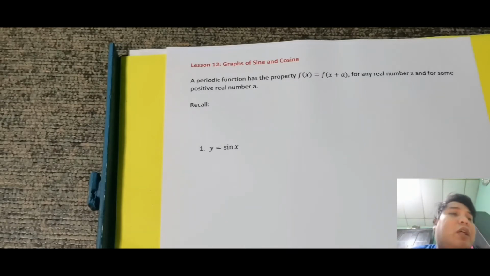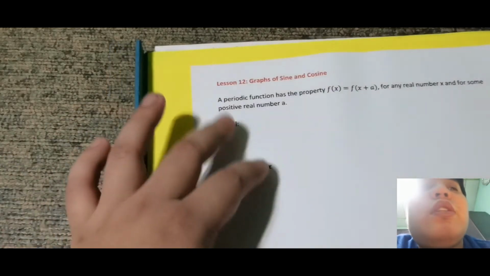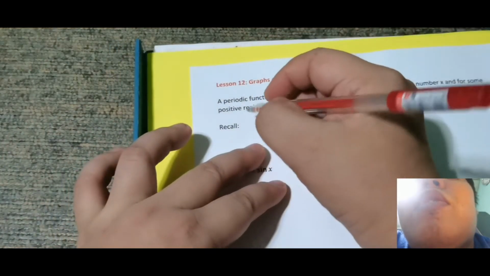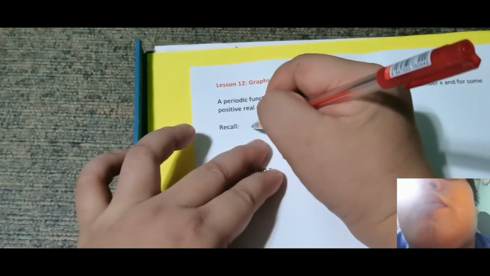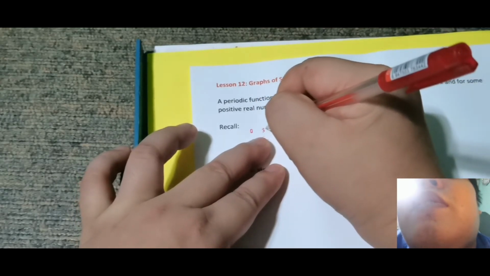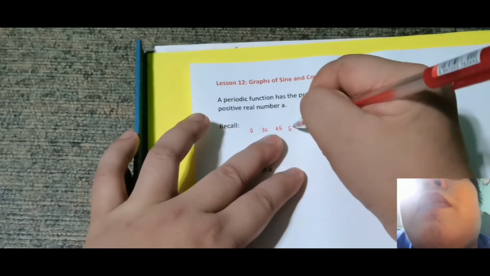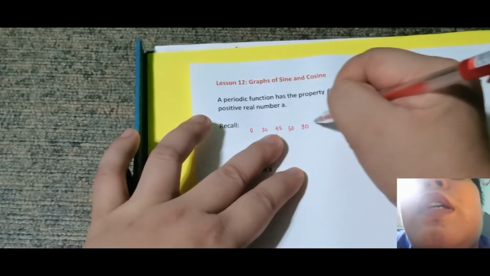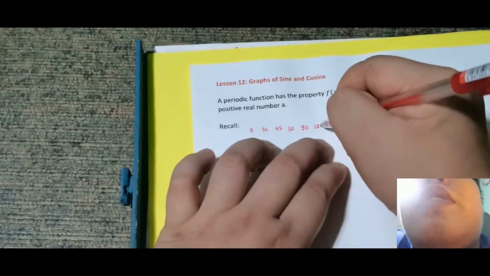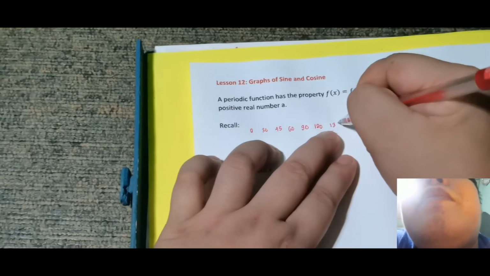So ngayon, recall muna tayo or be familiarize sa mga ganito. So note that 30 degrees. Sulat ko lang yung mga angle. So start tayo sa 0, 30, 45, 60, 90 plus 30, that is 120. So plus 45, 135.